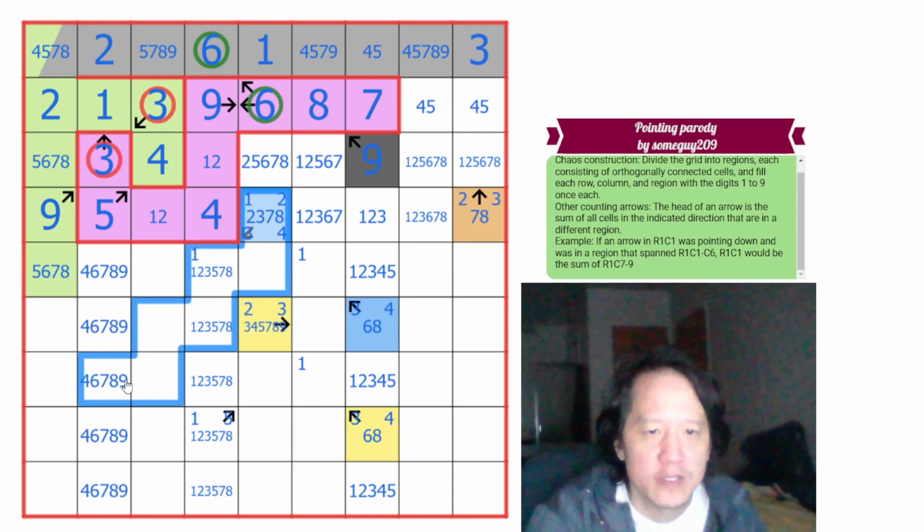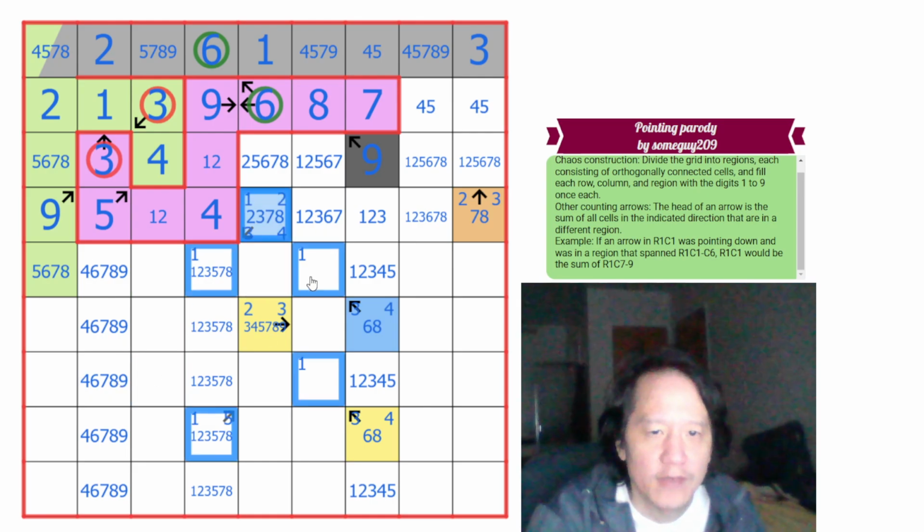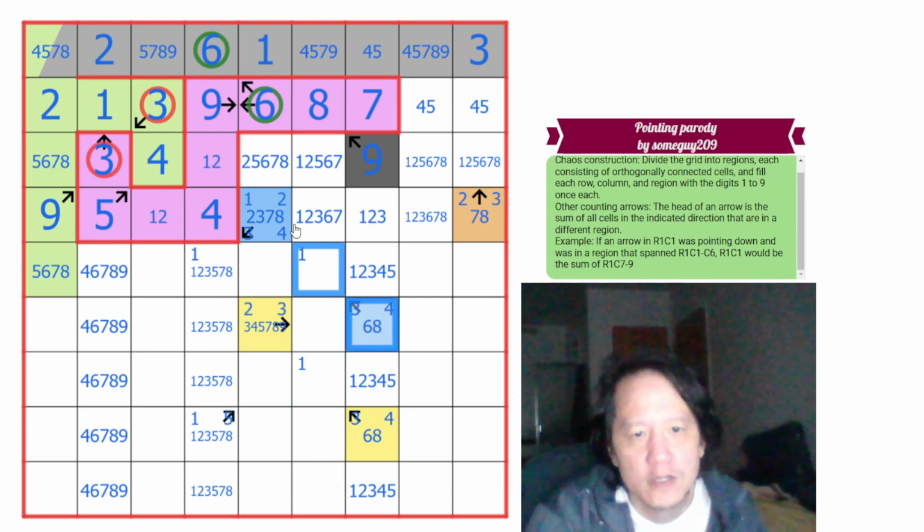Can I do something like that? 8, 9. No. So it has to at least be 4, 5. So it cannot even go down to here, right? 1, 2, 3, 4, 5, 6, 7. Right? Because then it would have to be 8 here and then 9 here, but that's not orthogonally connected.